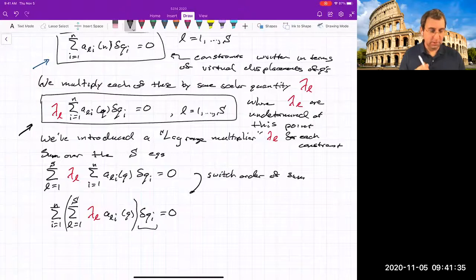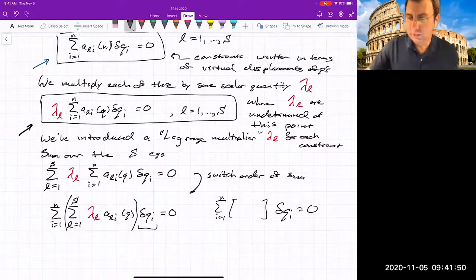This is similar to how I wrote D'Alembert's principle. D'Alembert's principle was a sum from 1 to N of some stuff times delta q_i equals 0. A few lectures ago, we wrote this, and then we said there are two different cases.